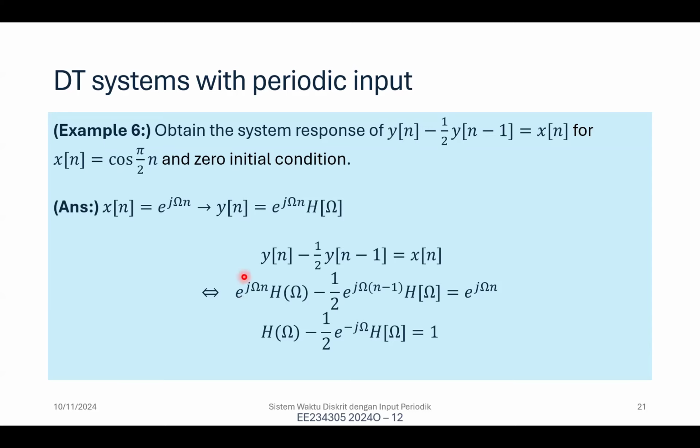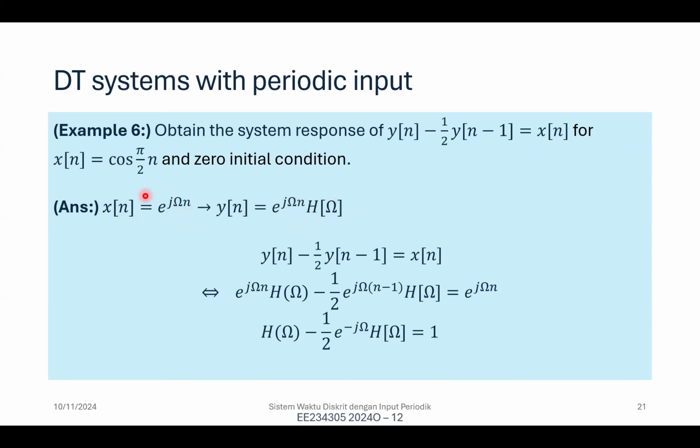All right, so the input here is x[n] equals e to the jωn, and the output here is e to the jωn H(ω).